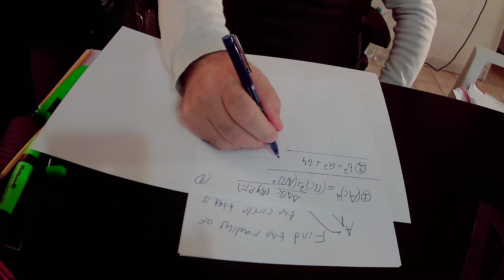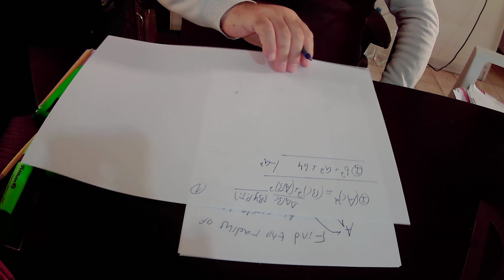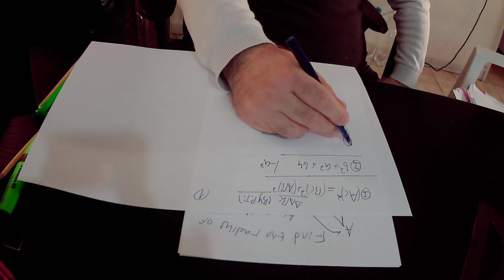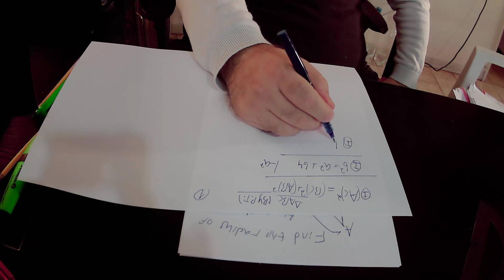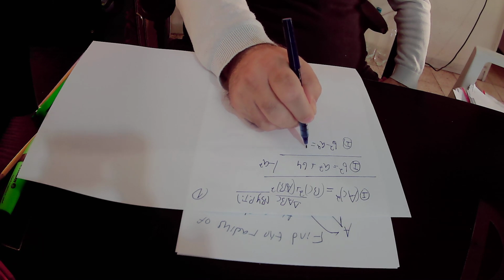We subtract A squared from equation number 1, and we get B squared minus A squared equals 64.